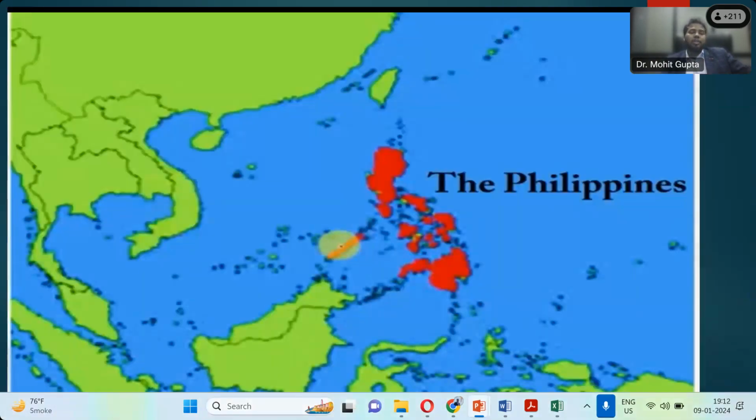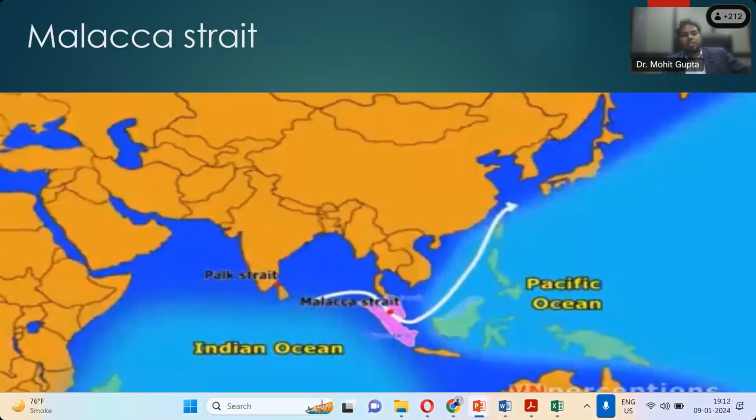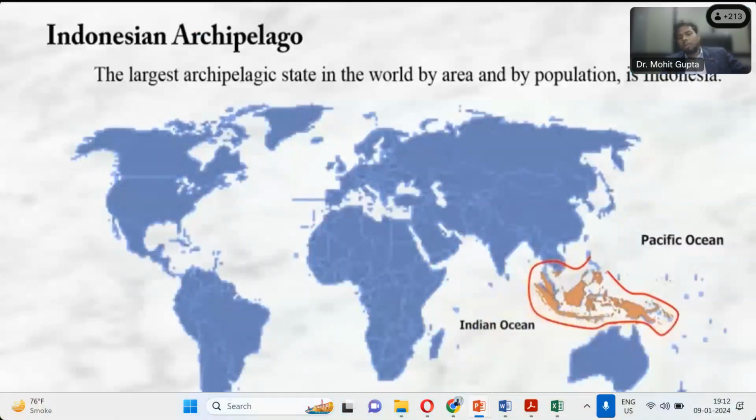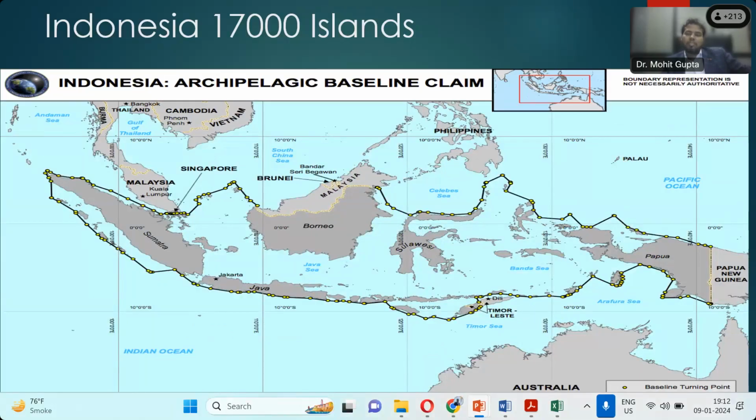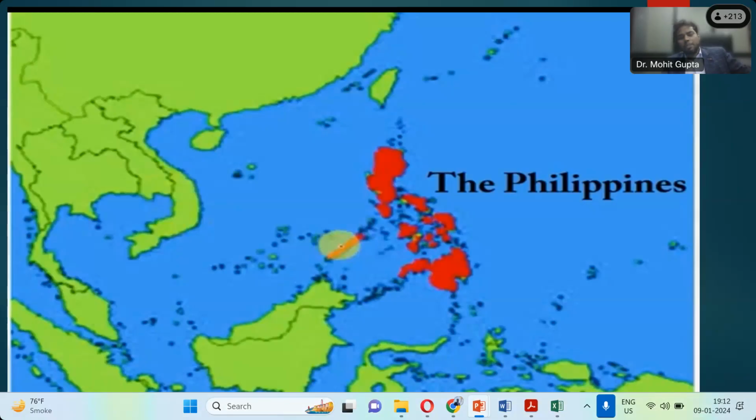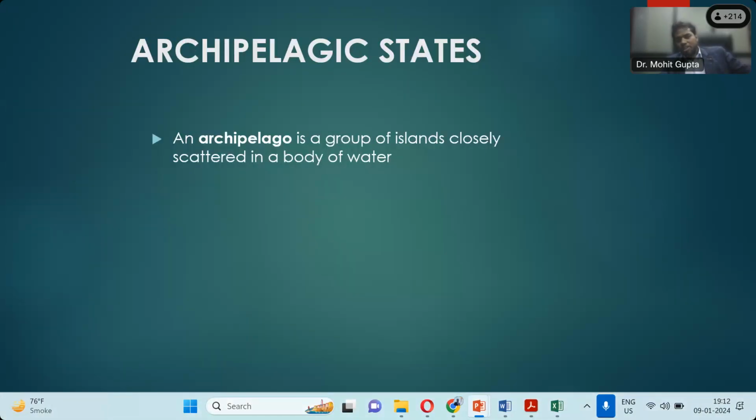Now, coming to another aspect related to today's discussion, when we talk about the Law of the Sea Convention of 1982, which is the present treaty, it has made specific rules related to some particular aspects. For instance, in the Law of the Sea Convention, you will find specific provisions related to archipelagic states. An archipelagic state is a state composed of a group of islands. Why was there a need for a separate provision related to archipelagic states?